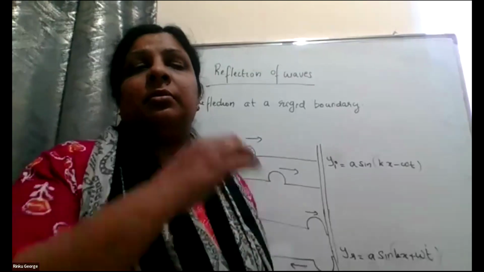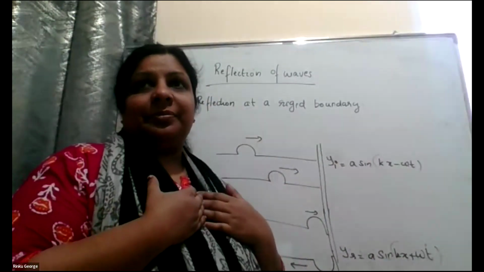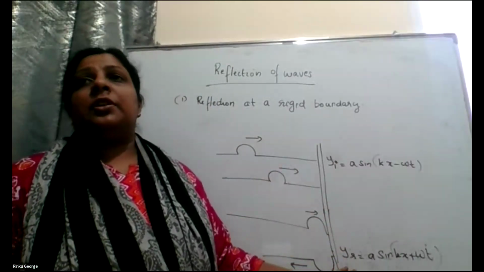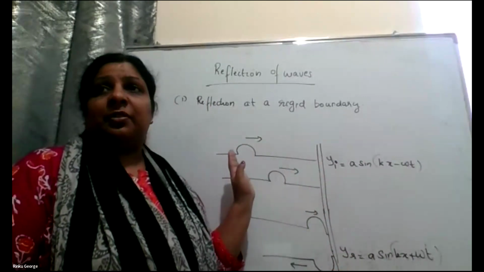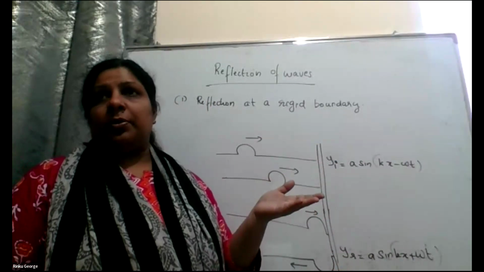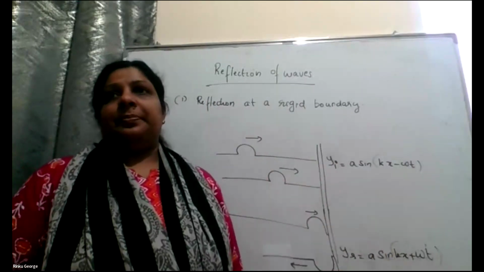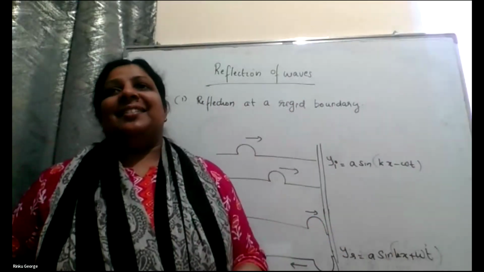Open boundary means the incident wave, the same thing, will get reflected back. There is no phase difference. If this wave is going, this wave itself will get reflected back. That is in the case of an open boundary. So the incident and reflected equations will be the same. Understood? There is no diagram, that's why.